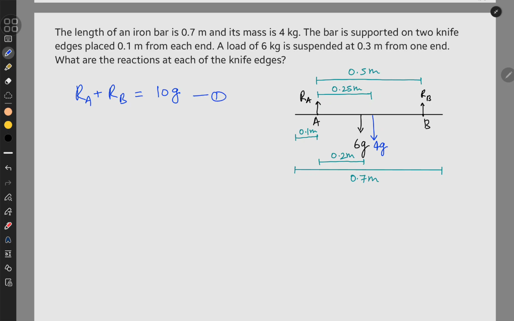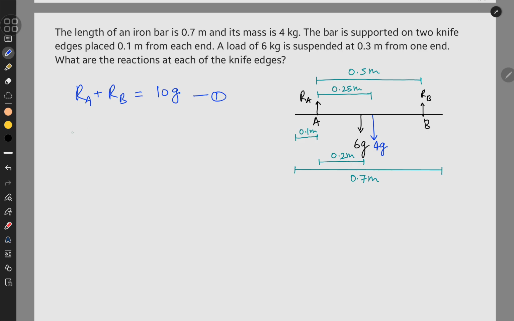Now since this whole system is kept at equilibrium, the net torque acting about A should be 0. So how will we determine this torque about A?